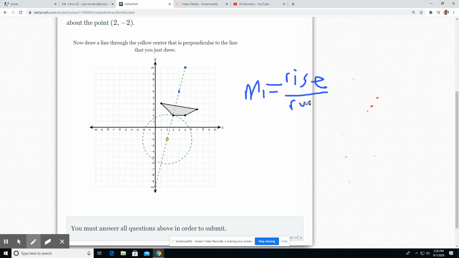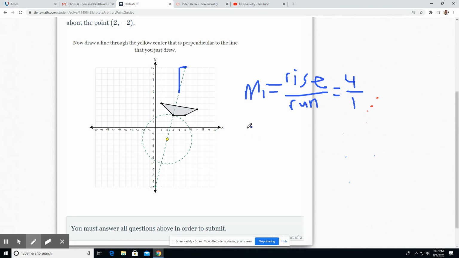I like rewriting my formula. It helps each time. For this one, rise is 1, 2, 3, 4. I rose 4 in the positive direction, divided by 1 to the right. Also, if you get lost with the negatives sometimes, just know this goes uphill from left to right, so the slope should be positive.